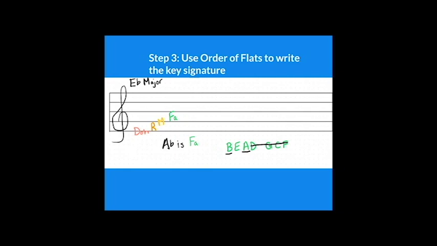So we need B flat, E flat, and A flat. So let's write the key signature: B flat, E flat, A flat. 3 flats is the key signature for E flat major.